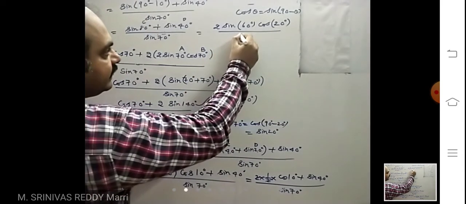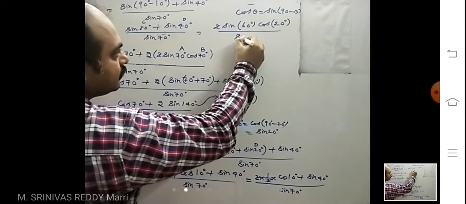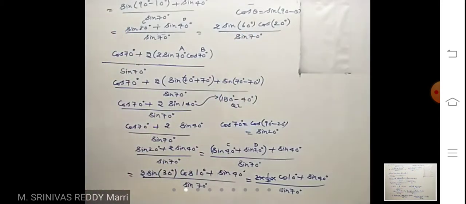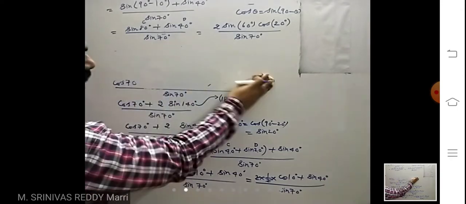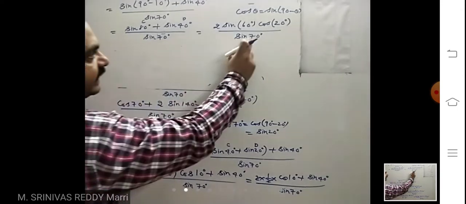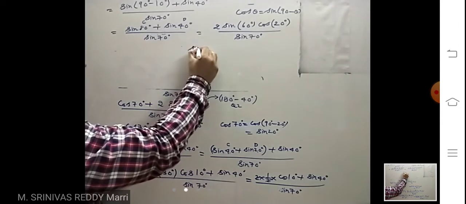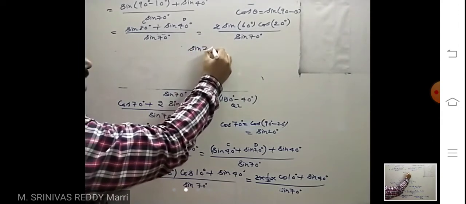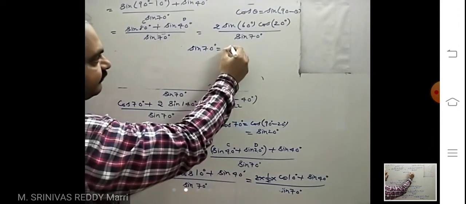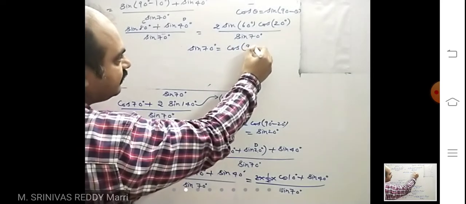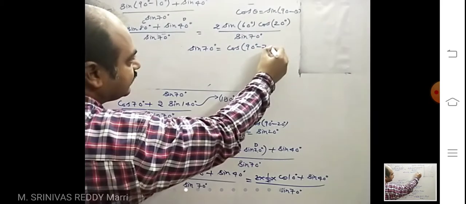divided by, look at here, sine 70 degree. Now if you look at here, sine 70 is there, cos 20 is there. Sine theta, in terms of cos, what is that?